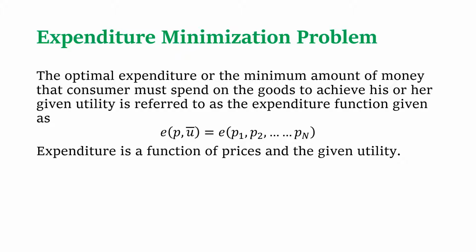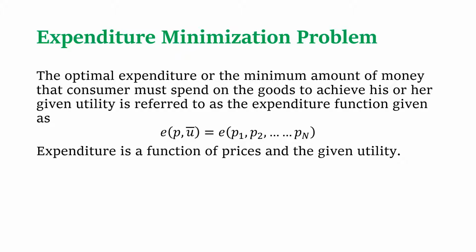We substitute those values into a constraint. You see, the utility maximization is using the constraint, and here we are using the objective function, okay, to obtain the expenditure function.